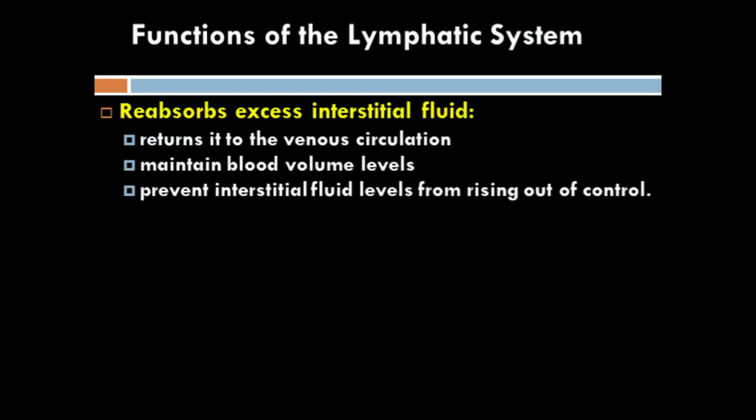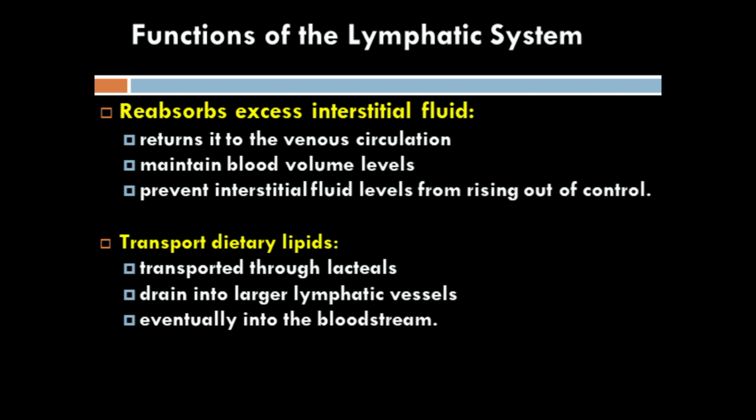And then we will see the functions of the lymphatic system. It reabsorbs excess interstitial fluid, which is the main function of this system. It returns it into venous circulation, maintains blood volume level and prevents interstitial fluid levels from rising out of control.